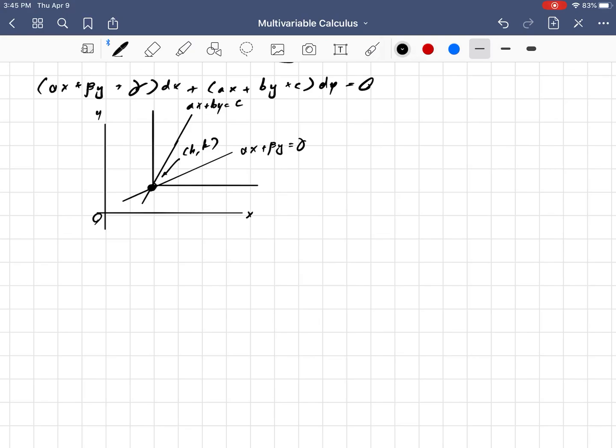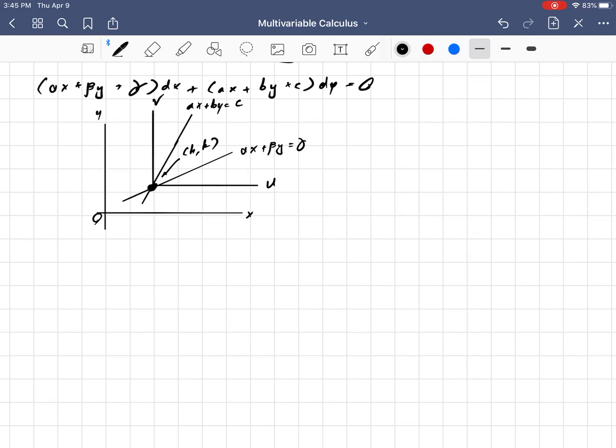Let's say that now the lines are on the, call it the u and the v axes, then where they intersect will be 0, right? c would be equal to 0 and gamma would be equal to 0, if we translate our axes.